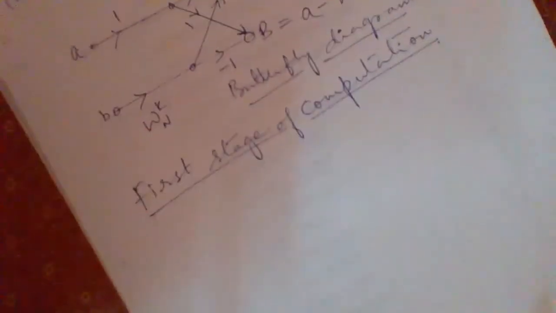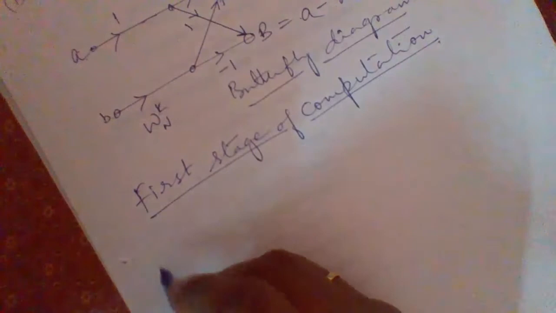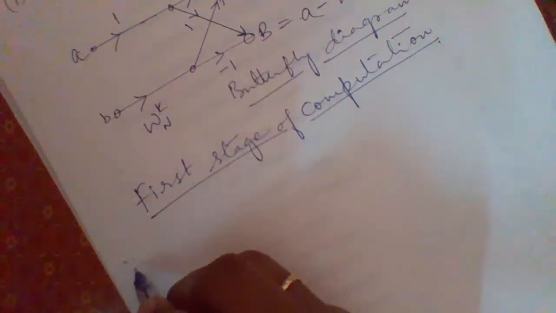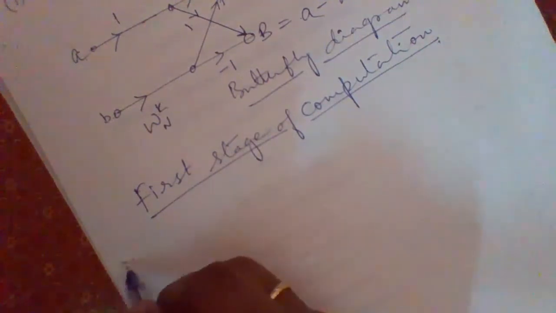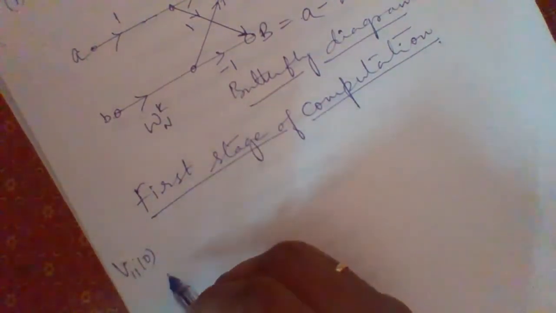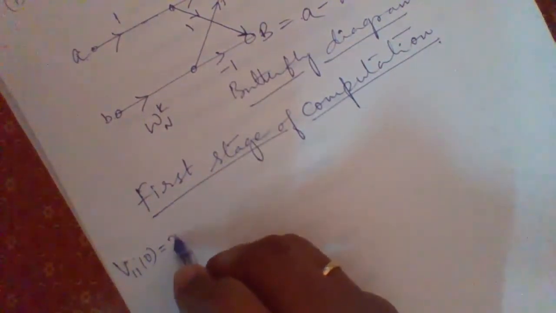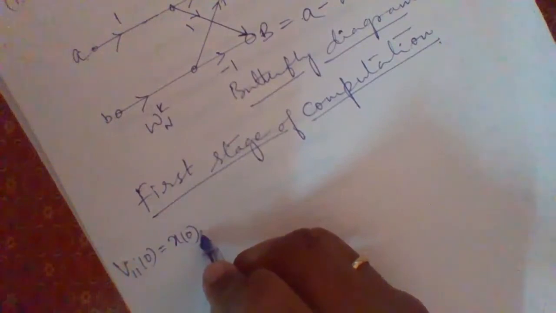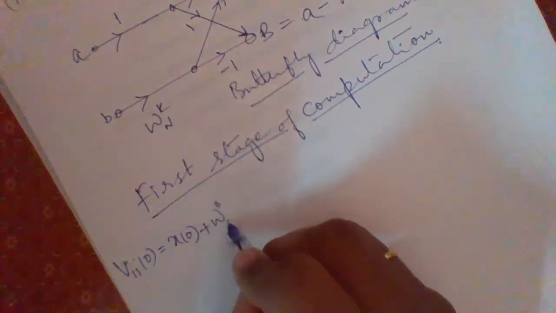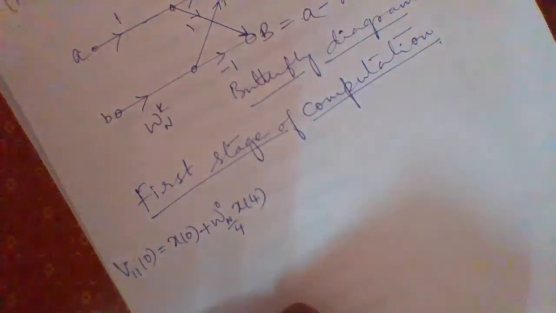Now in the first stage what I have is the 2-point DFT generation. Already we have derived the set of equations. Therefore here as a summary I will write only the 2-point DFTs. So V11 of 0 was x of 0 plus W raised to 0 n by 4 into x of 2.